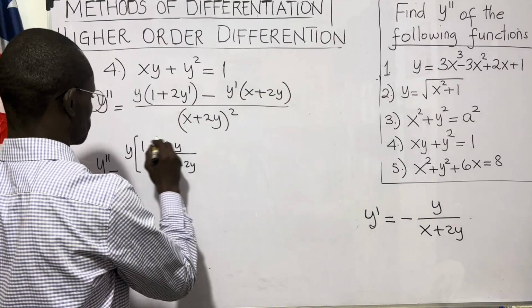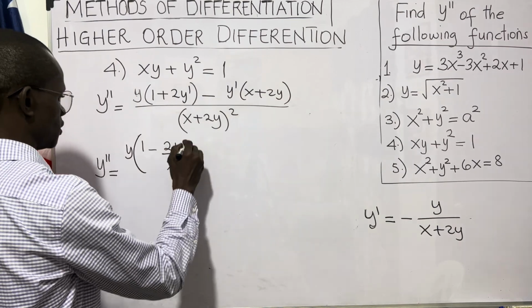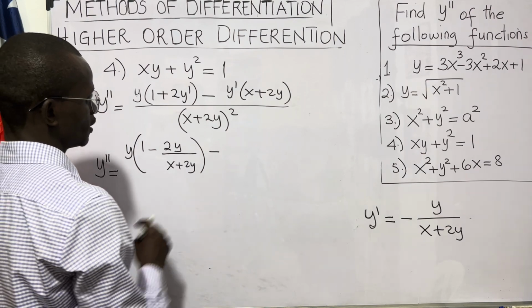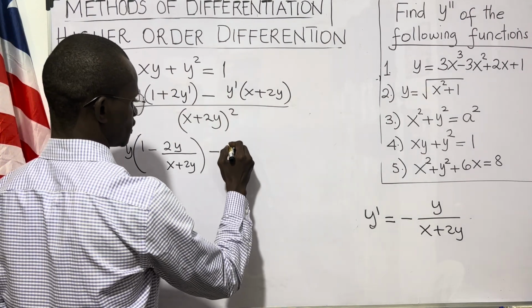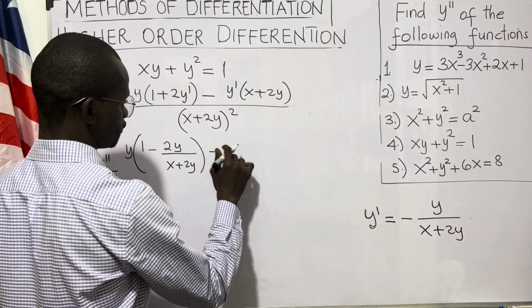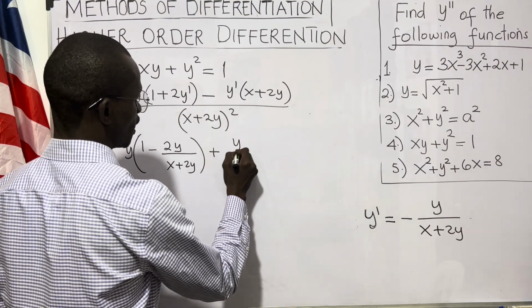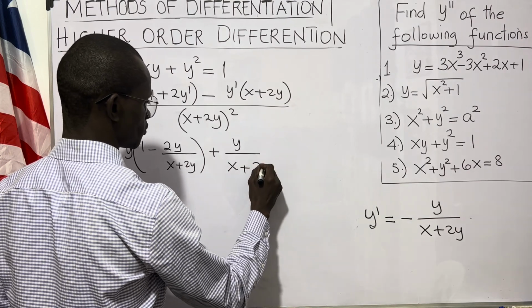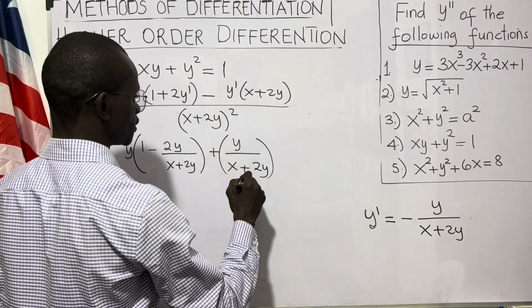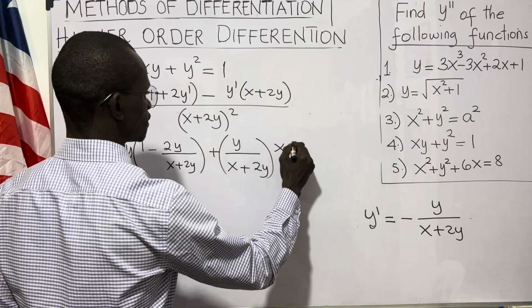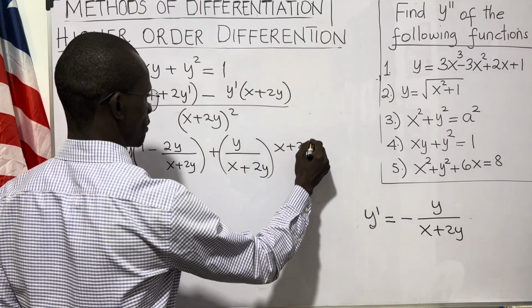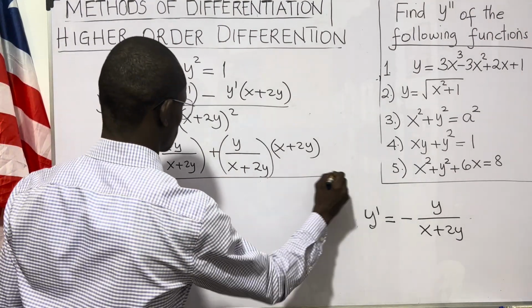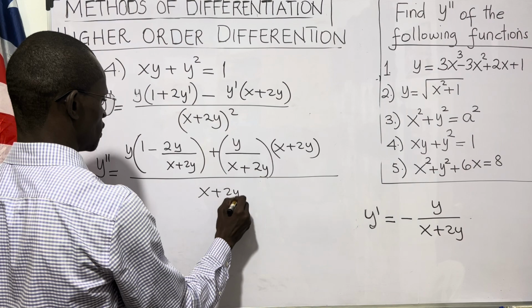That is y prime. Let me use parentheses. Then we have minus y prime again, so negative and negative is positive, so it's just positive y all over x plus 2y, times x plus 2y, all divided by x plus 2y all squared.